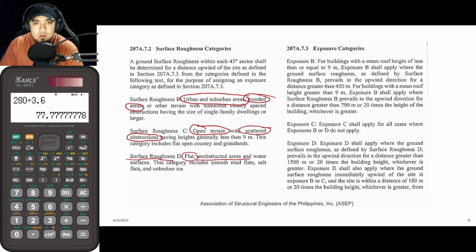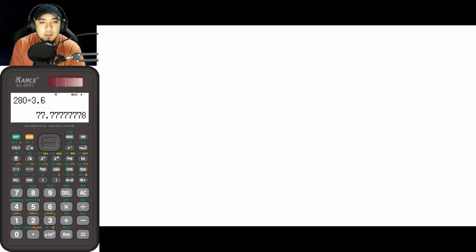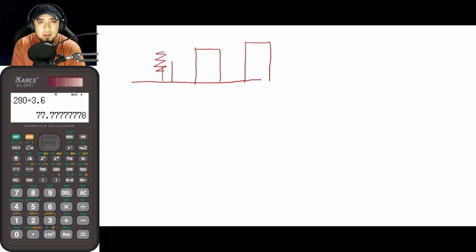Okay, so how would surface roughness affect the wind or the wind load that will be applied to your structure? For surface roughness B, imagine that this is the plane where your building is located. Let's say this is your building, and we have a tree here, another building here, another building here, and so on.